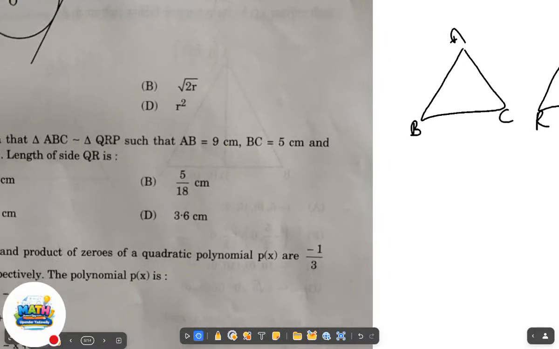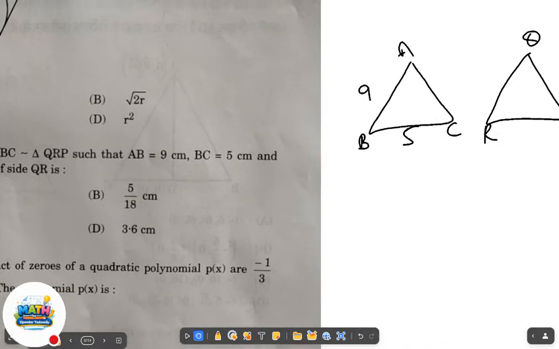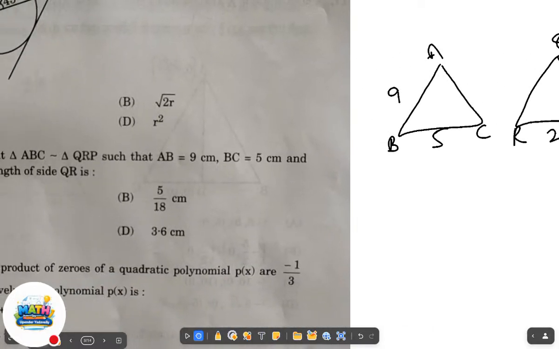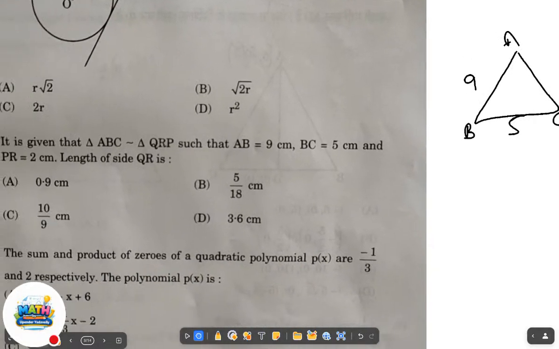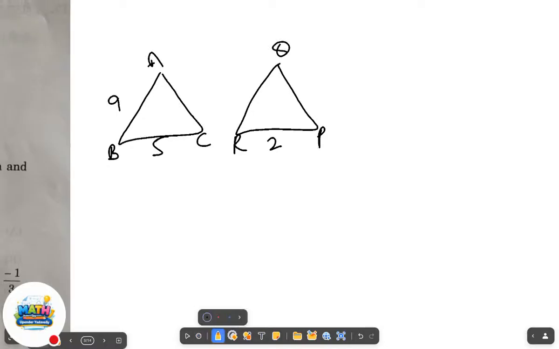So what is given here? They are similar, and AB is 9 centimeters, BC is 5 centimeters. Next what? PR is 2 centimeters. So what we have to find? Length of QR. So we have to find the length of QR, this one.